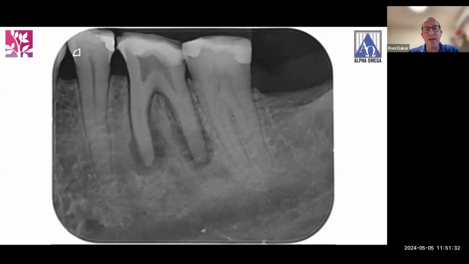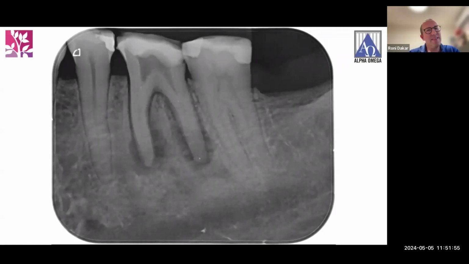This is the diagnostic radiograph. I told the patient's dentist not to send her because clearly this is a tooth that is cracked. We have a U-shaped lesion on the distal root, a J-shaped lesion on the mesial root, and the PDL space is widened even where it is visible.